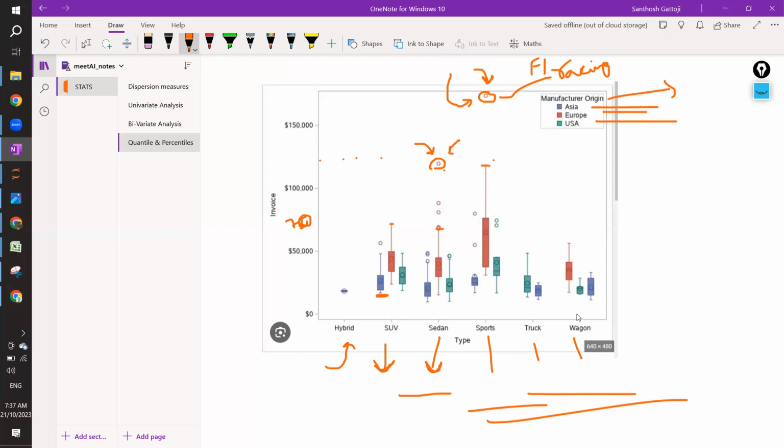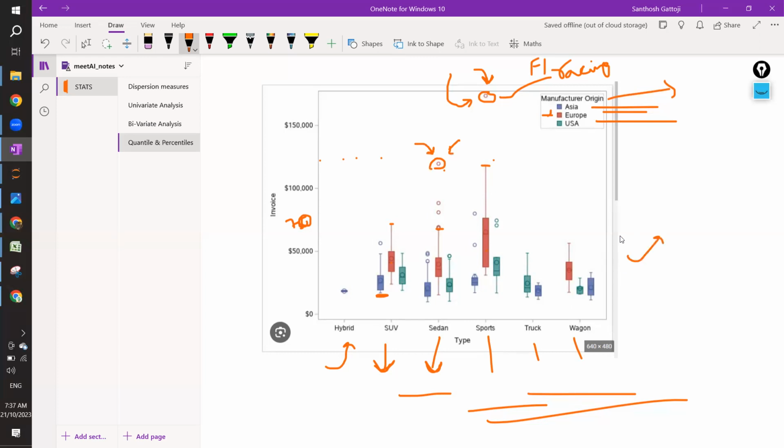And also, you can clearly see which country is not selling any trucks, guys. Europe. Correct. So Europe is not selling any trucks. Like that, you can make multiple observations from here.